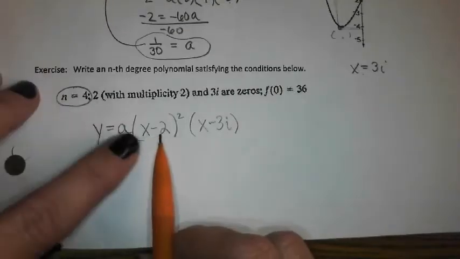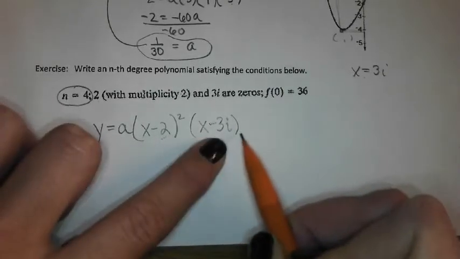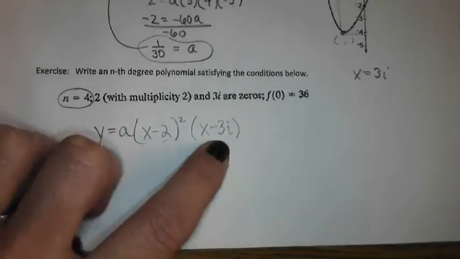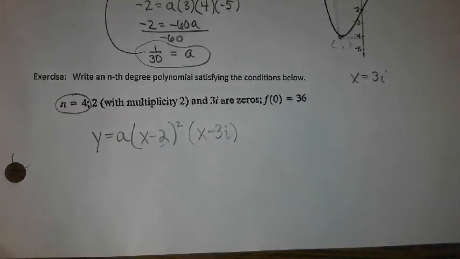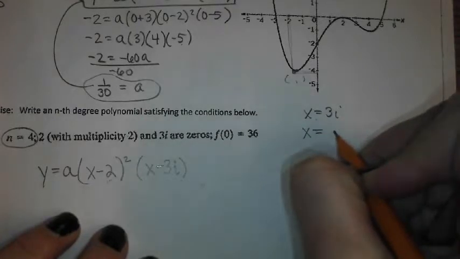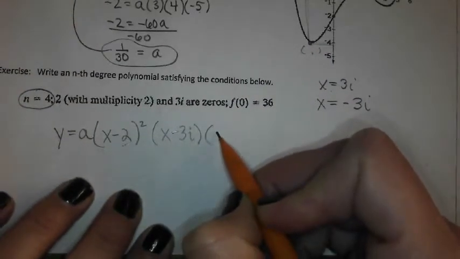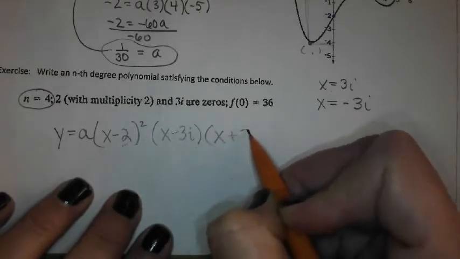So there's 2 roots, the same one twice. There's your 3rd root. How come they haven't told us the 4th root? Conjugate. So if 3i is a root, then so is negative 3i, which means what will the factor be going along with that? X plus 3i.